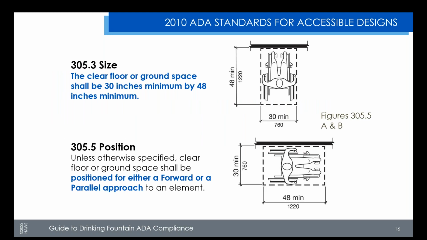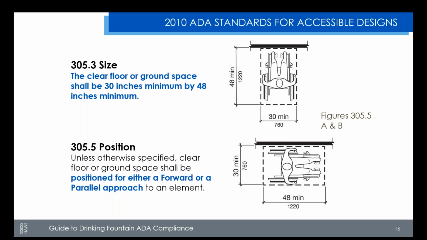Now this is one of the most important measurements to remember, and very frequently the section that's being violated in tear outs and reinstalls. 305.3 and 305.5 detail clear ground space to accommodate the wheelchair, the device, underneath the fountain, allowing an approach that's unobstructed to the fountain.